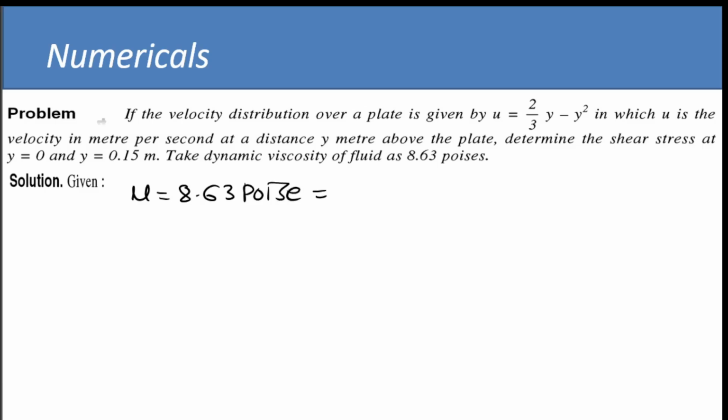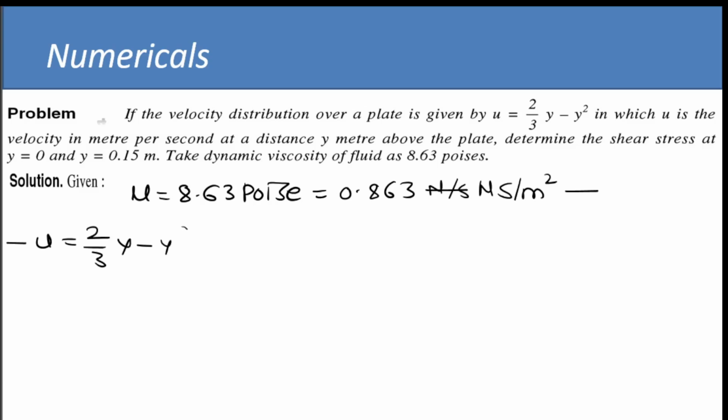Okay, so what we'll do, we'll convert it into SI unit. So it will become 0.863 Newton second per meter square. This is one thing. Now, the relation for u is given, 2 by 3 y minus y square.